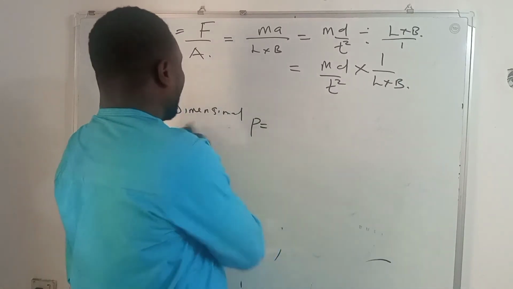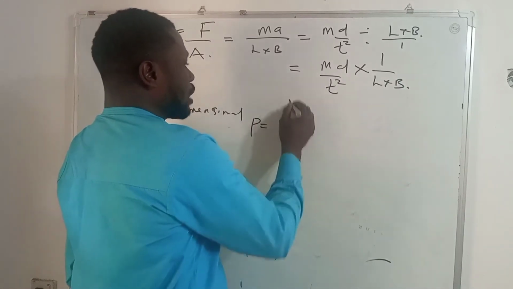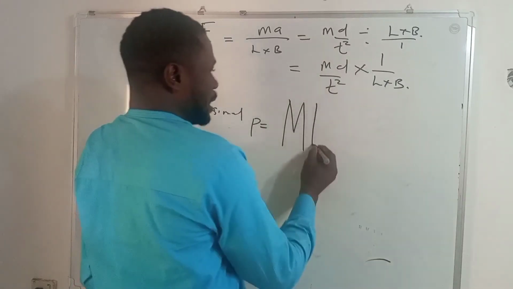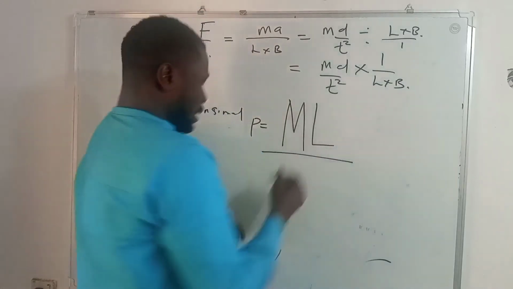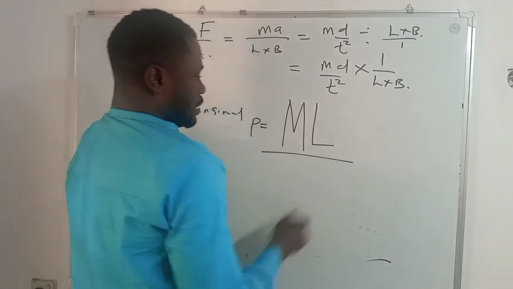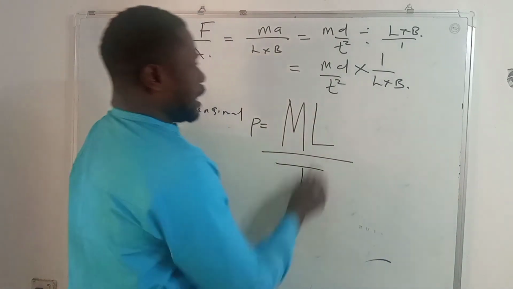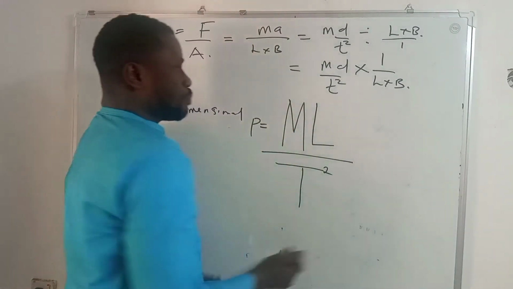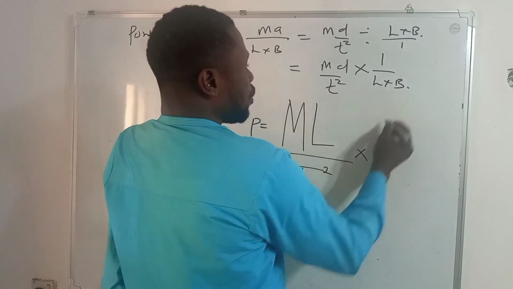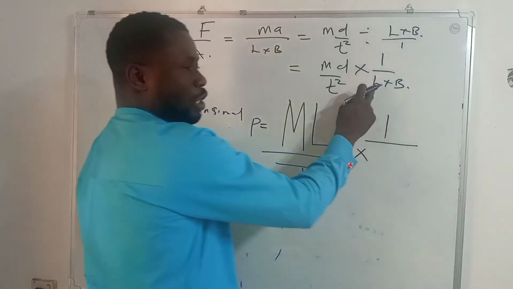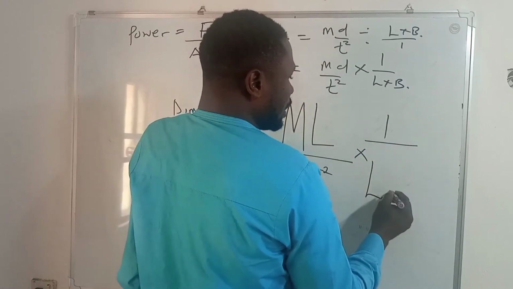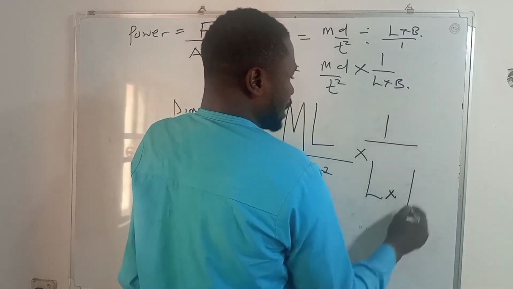So at this point, when we are looking at the dimension, we will look at the capital M. Then this d is capital L, all over the dimension of time, that time will be capital T, and this T is raised to power 2. So this capital T has to be raised to power 2. Then times 1 all over the dimension of the small letter l here, which of course is the length, capital L. The dimension of the breadth is capital L.